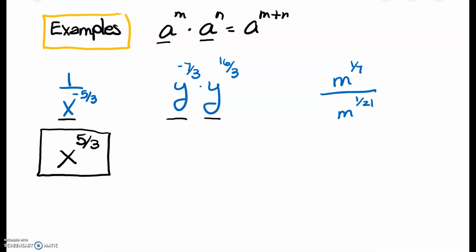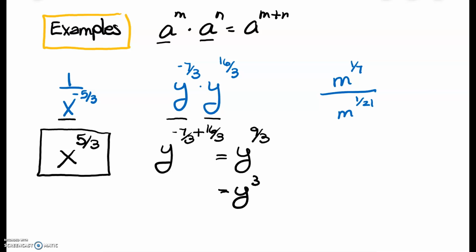All right, so we're just going to add these exponents. y to the -7/3 plus 16/3 equals y to the 9/3, and we know that we can reduce 9/3 to 3, y cubed. So when I simplify that expression, I get y cubed.